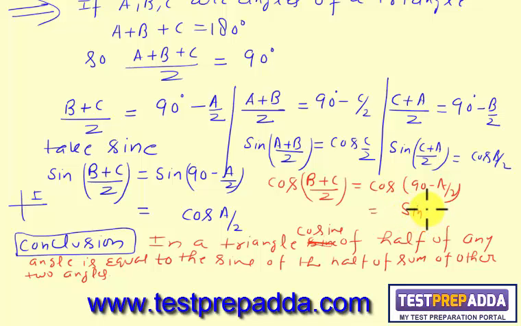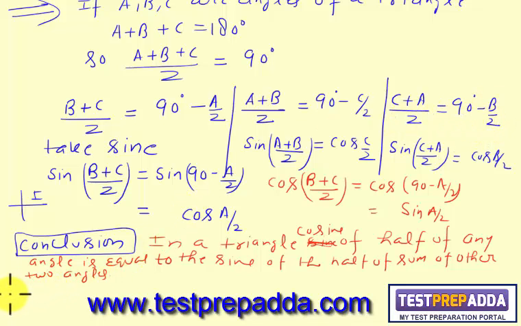And plus or minus will be decided by the quadrant. Since the angle 90 minus theta is in the first quadrant, cos will also be positive. So cos B plus C by 2 becomes sin A by 2. So if I ask you what is cos A plus B by 2, your answer will be sin C by 2. What is cos C plus A by 2? Your answer will be sin B by 2.